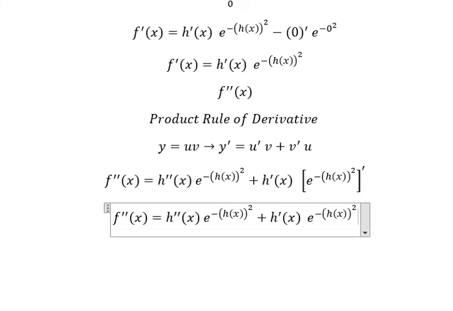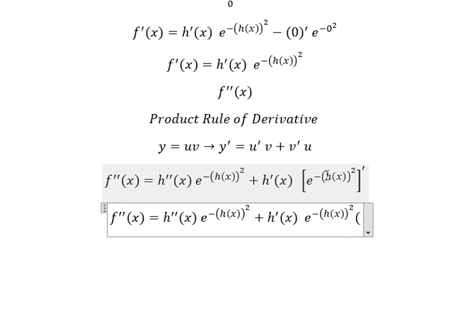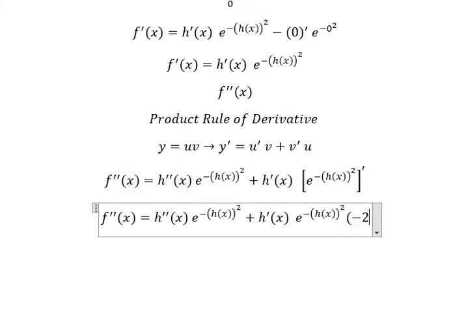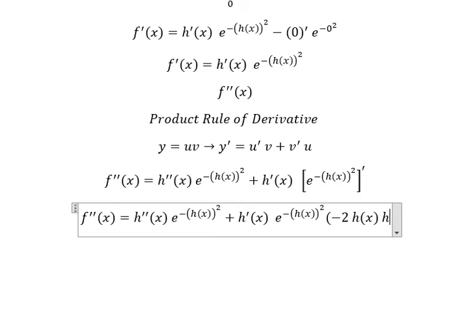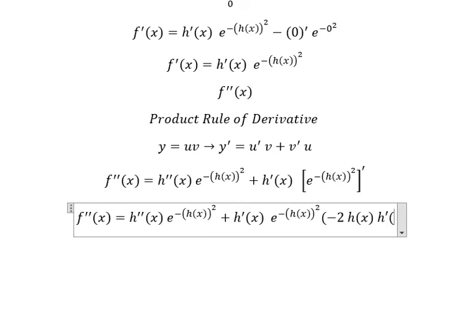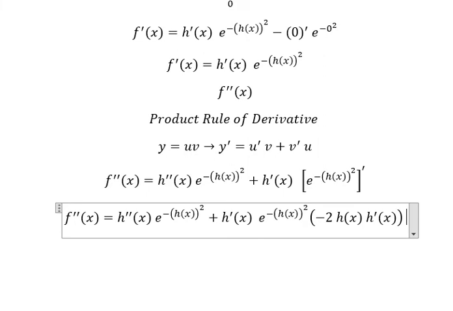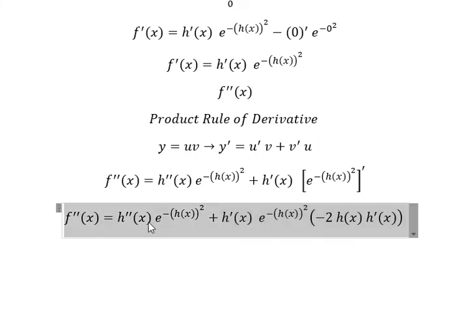Later, we take the first derivative of negative h of s square, you will have negative 2 h of s multiplied by the first derivative of h of s. Now we put number 0 here, here, here, and so on.